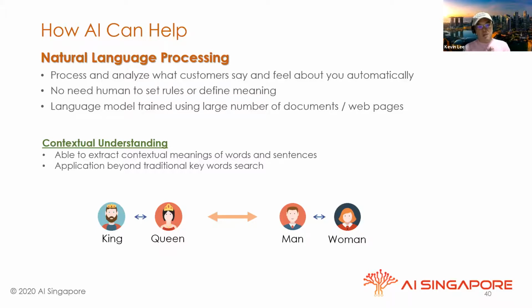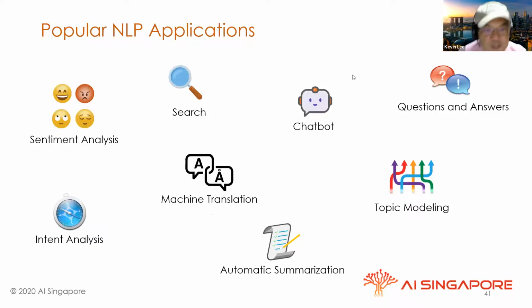So with modern NLP, we are now able to allow the algorithm to automatically read the text that our customers' feedback to us and then make sense out of it. And what kind of sense are we talking about? Well, for example, search.